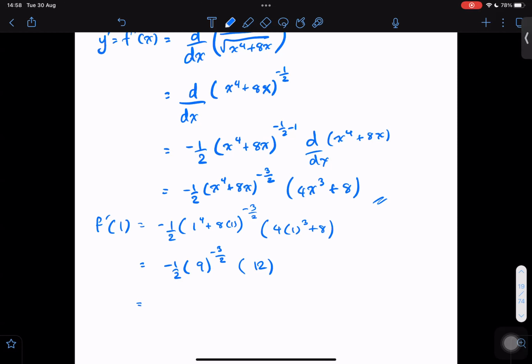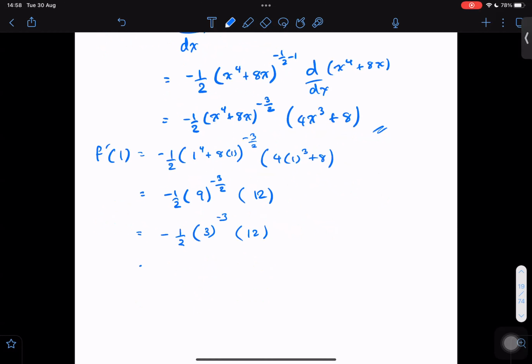And this thing is equal to minus 1 over 2 times 9 to the minus 3 over 2 times 12, which becomes minus 6 times 1 over 27.